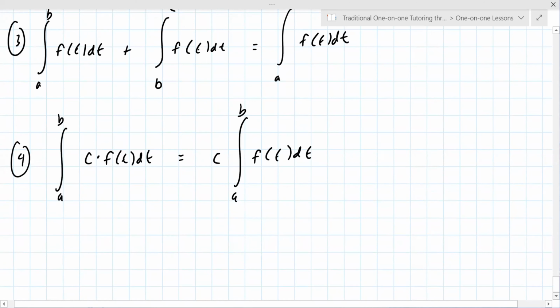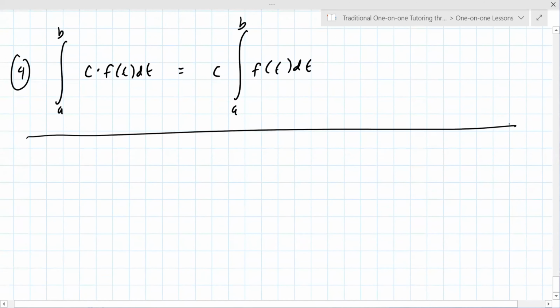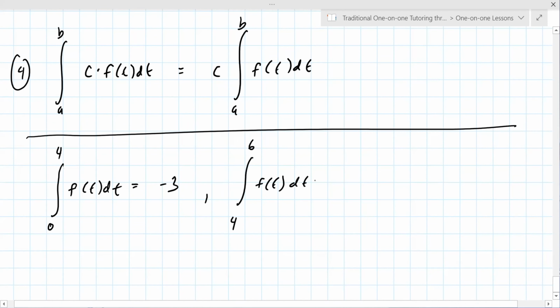I'm not sure what kind of example to apply here, but it's like those ones where they give you three: the integral from 0 to 4 of f of t dt equals -3, the integral from 4 to 6 of f of t dt equals 8, and the integral from 0 to 6 of g of t dt equals, let's just make this weird, we'll make it pi.